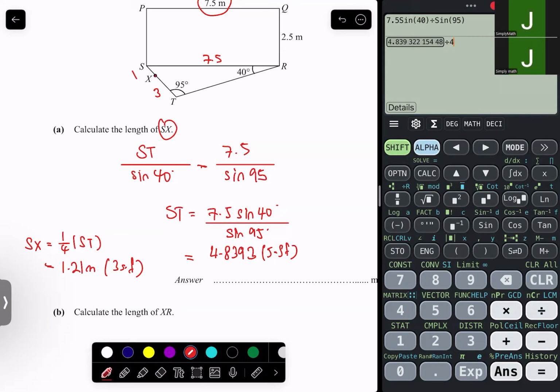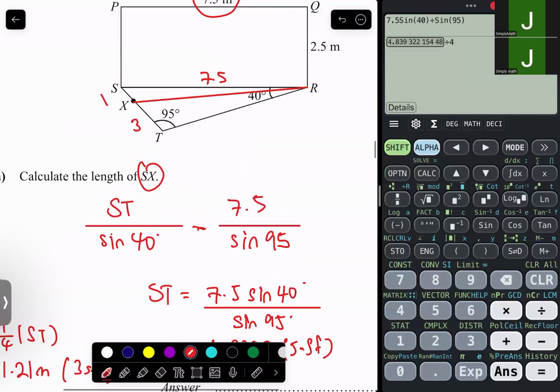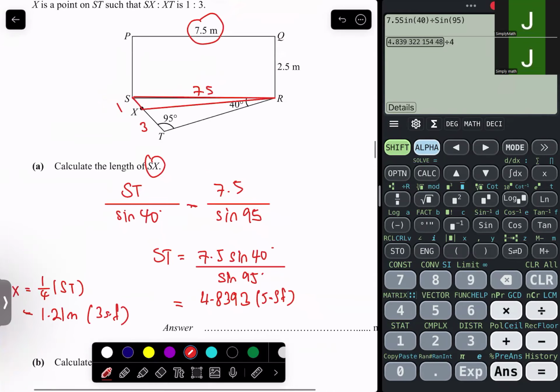So X to R. What I'm looking at is, I know that this is 95, but I don't know what TR is. Can I find TR though?